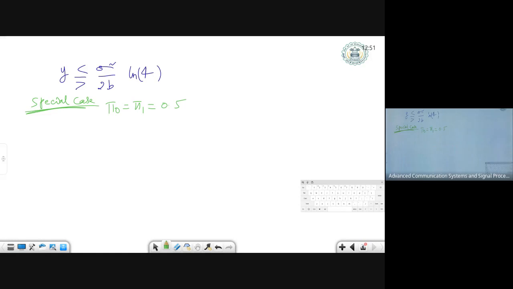So if pi naught equals pi 1 equals 0.5, and the noise variance is 1, then the likelihood ratio compared against tau MAP, which now will be 1, right? 0.5 divided by 0.5.